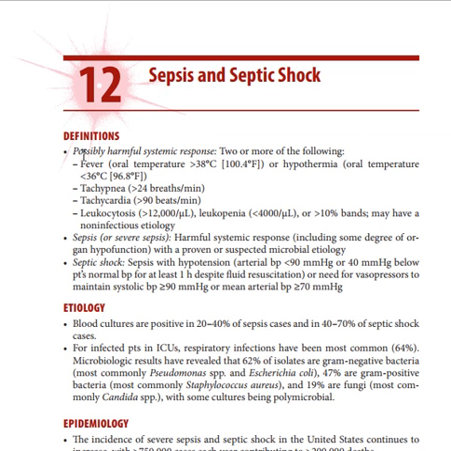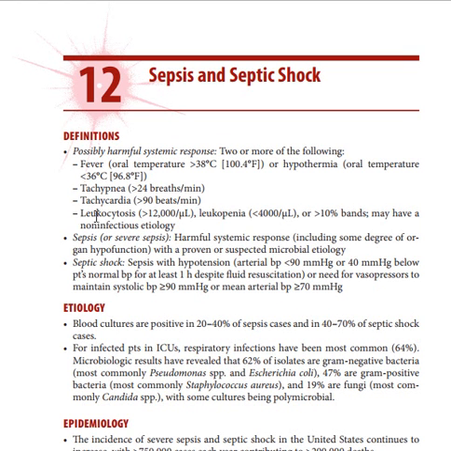So the definition: what is sepsis? Sepsis consists of two or more elements in this list. The first thing is fever: a temperature of greater than 38 degrees Celsius, oral temperature, or a temperature of less than 36 degrees Celsius.